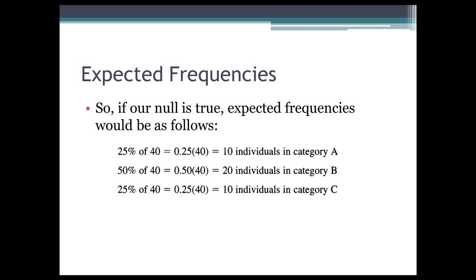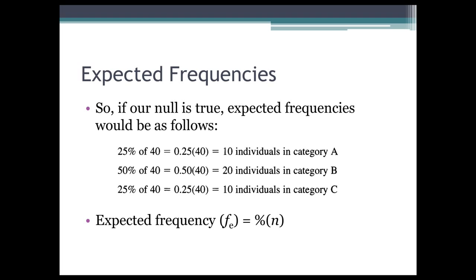So you have your observed, the data you collect, and then you have your expected based upon whatever specifications you make in your null hypothesis. If it was a no preference null, it would just be a third, because there are 3 categories. So you would do 0.33 multiplied by 40.